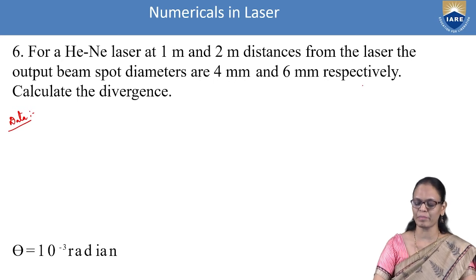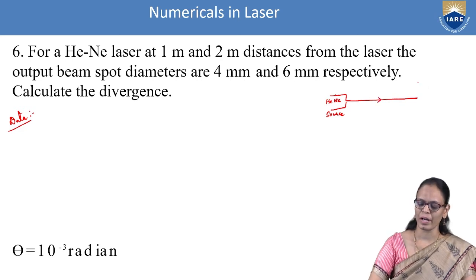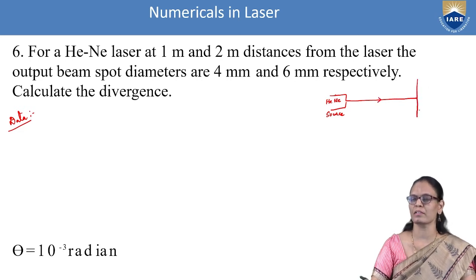So we have a helium neon laser. Suppose this is the source of laser, the helium neon source. The light is emitted from this laser, and it strikes the screen.